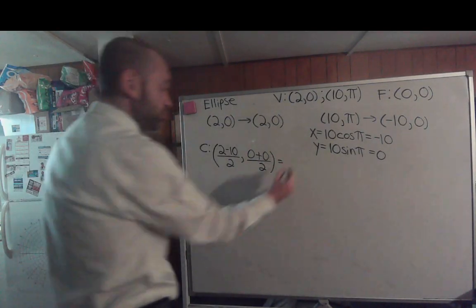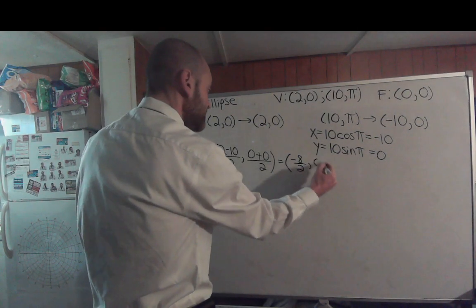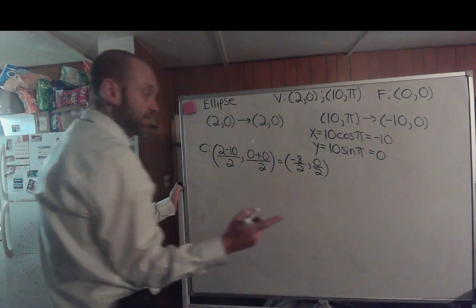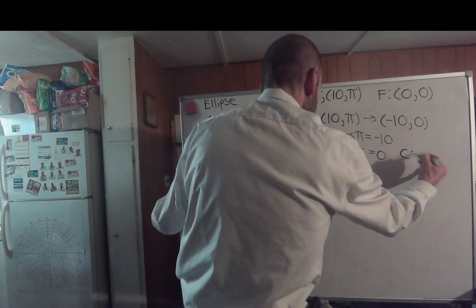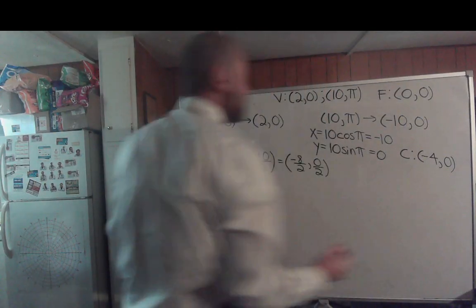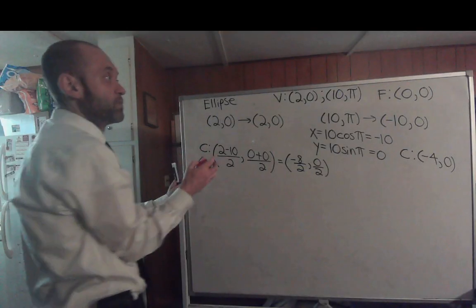Well, 2 minus 10 turns into negative 8 over 2, and then you'll have 0 over 2. Which finally means that your center should be at negative 4, 0. So now you have the center of this ellipse located at negative 4, 0.